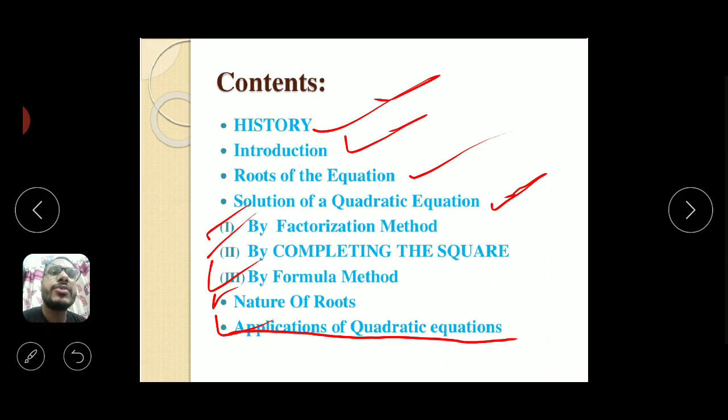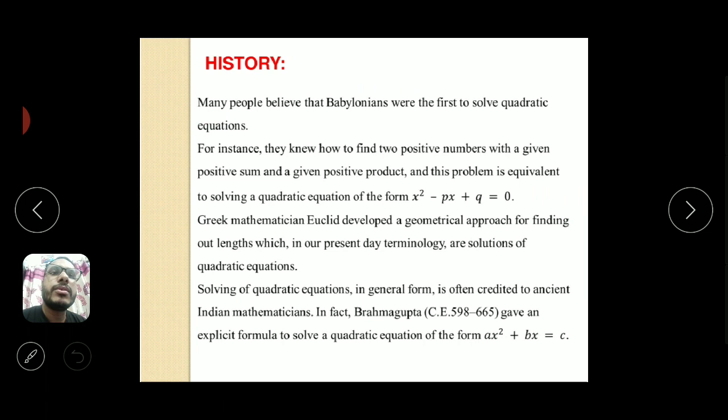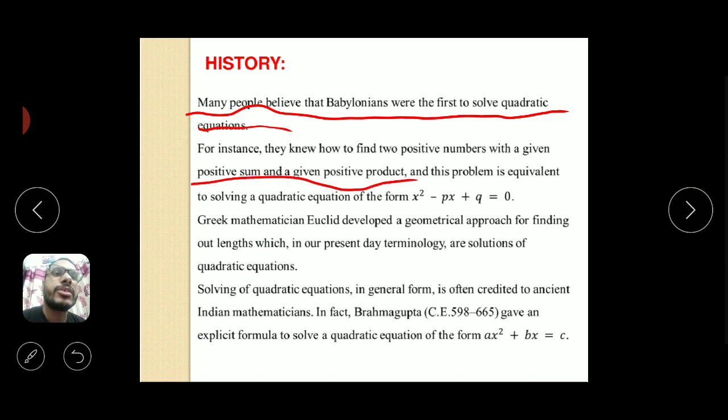So to begin with the history part of it, many people believe that Babylonians were the first to solve quadratic equations. However, for instance, they knew how to find two positive numbers with a given positive sum and a given positive product.